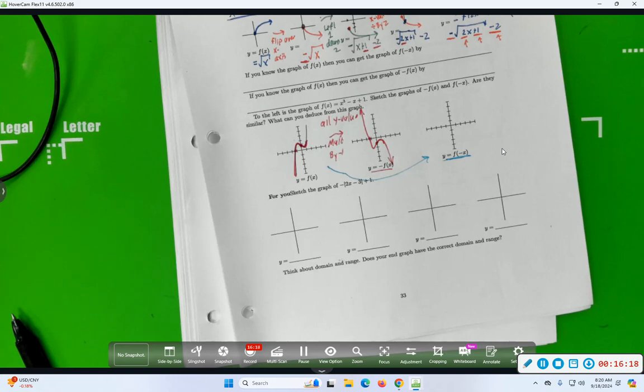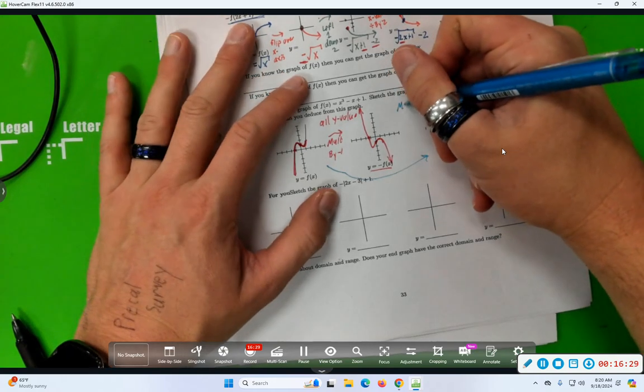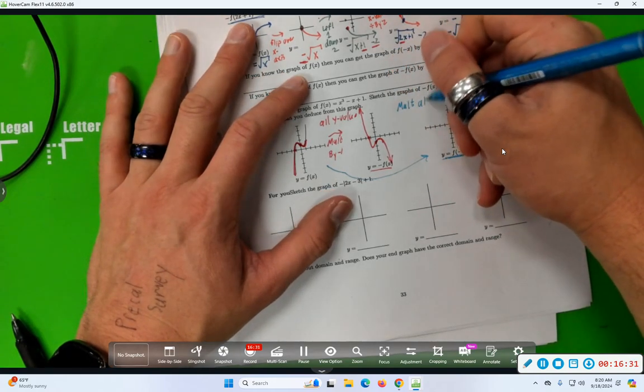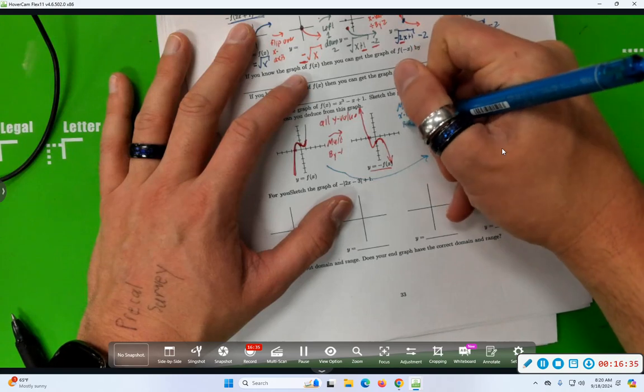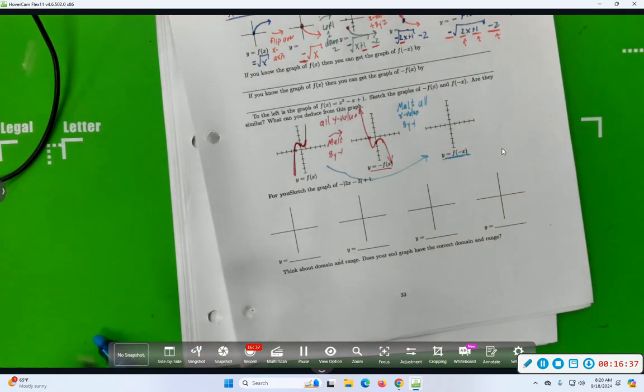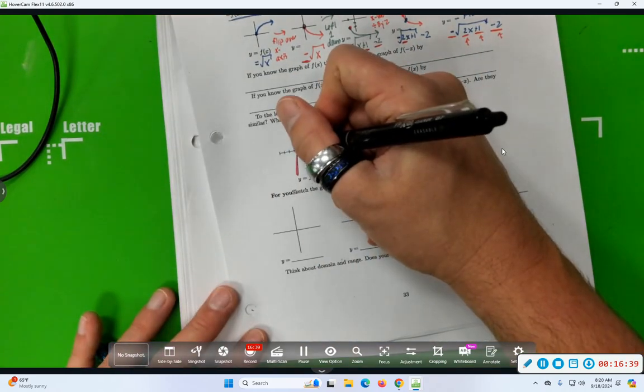Yeah, all the x values will get multiplied by negative 1. That will flip it over the y-axis. What we do, we will multiply all x values by negative 1.